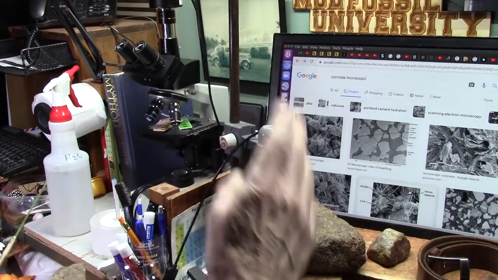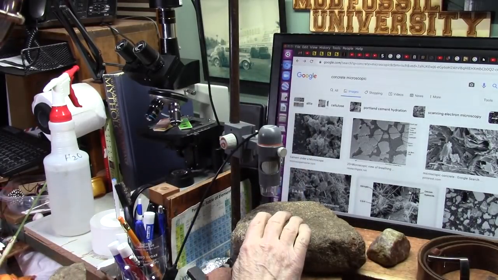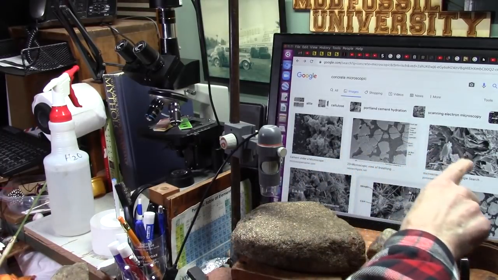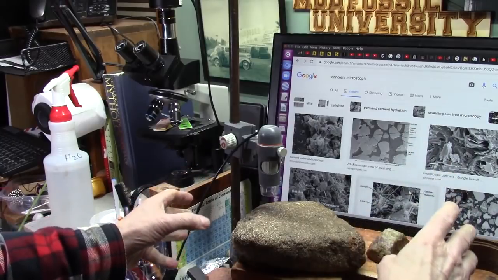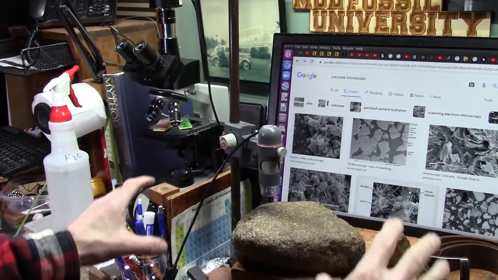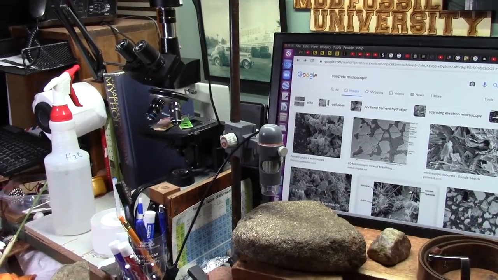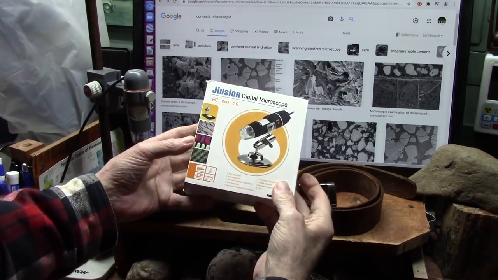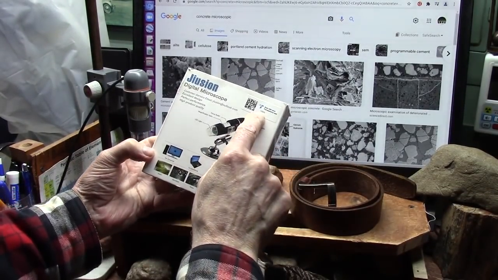Things are just very inexpensive now to get something that will go into a computer and give you a nice resolution. Anyway, we're going to be looking at this, and I can show you in here for a fact what tissue is compared to the aggregates of concretes and processed blocks. You can get these kind of cheap. I think this is supposed to be 1,000 times.